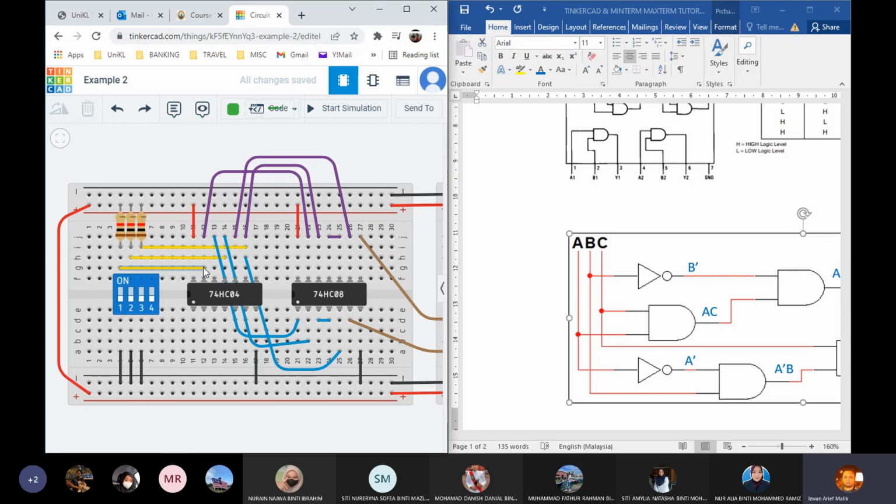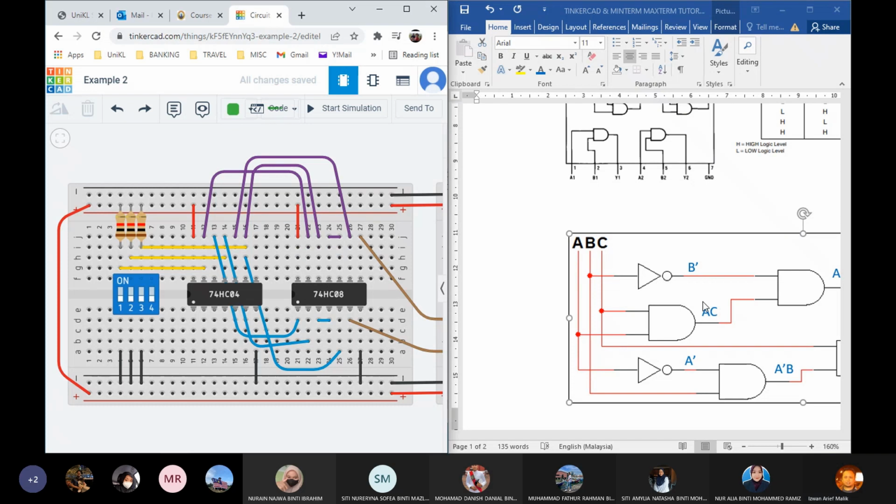Okay, this is A. Saya tarik ke sini. Ni A, saya masukkan ke input 4. And then saya tarik satu C. So this is C. So C masukkan ke input 4A. A tadi 4B, automatically output 4 is AC.